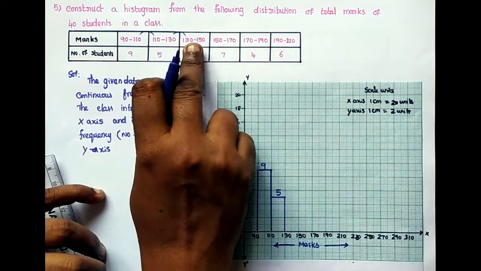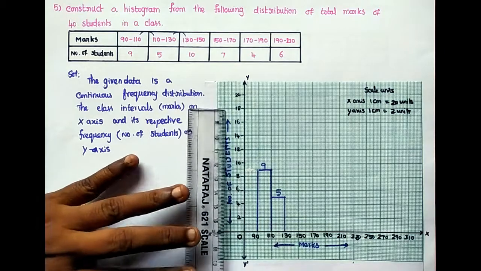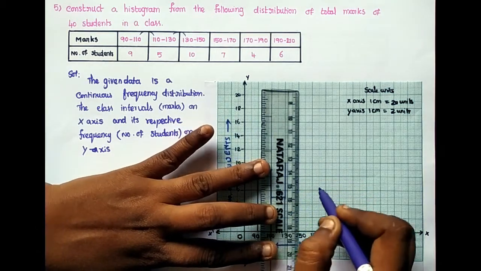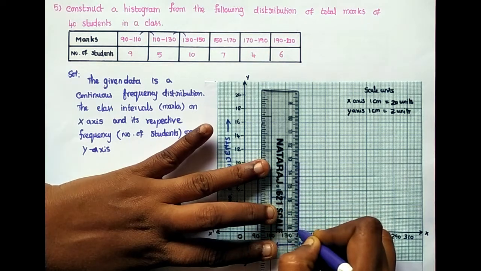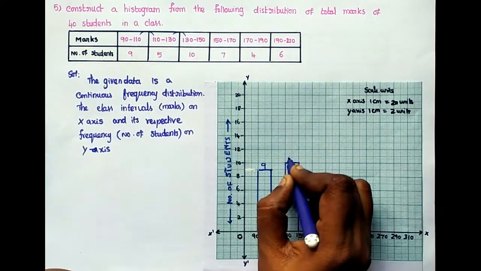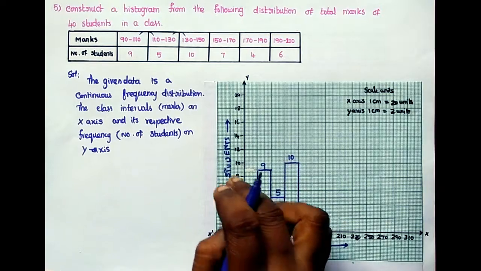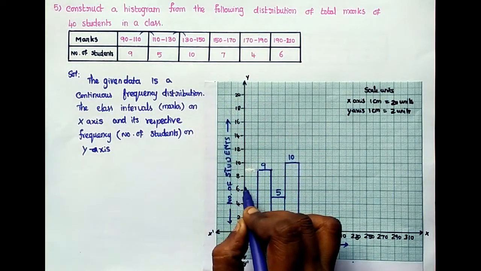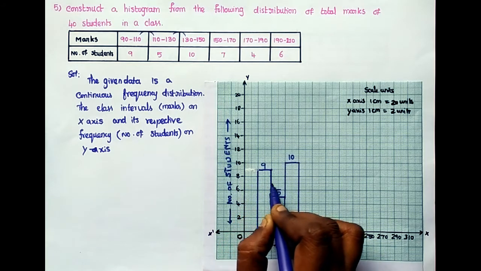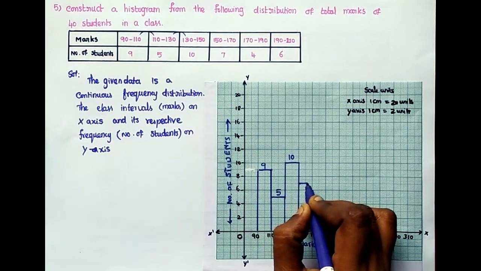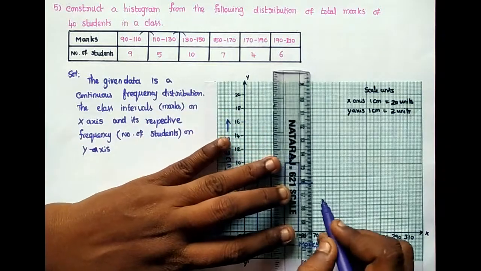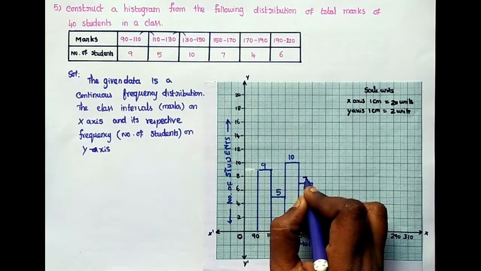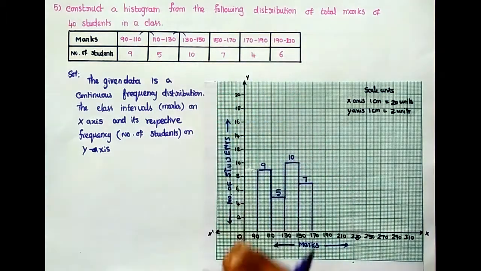Next one, 130 to 150, 10. Next one, 150 to 170, 7. Between 6 and 8, that is 7. Next one, 170 to 190, 4.